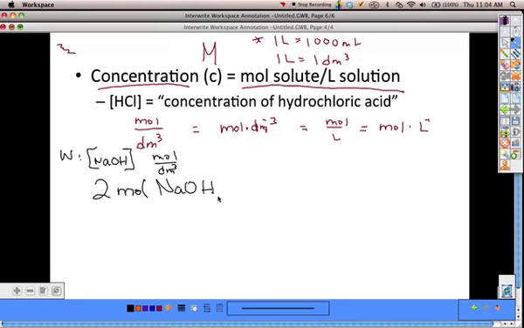So all I have to do for this one is take that 2.00 moles of NaOH. Gotta remember those sig figs. Divided by the volume, 4.50 decimeters cubed of solution.